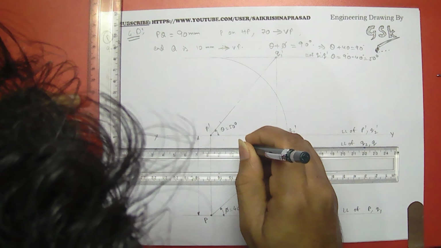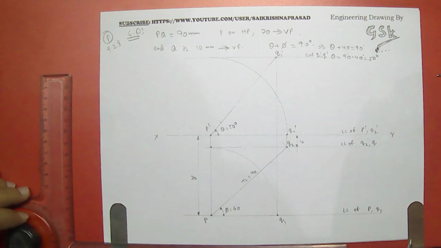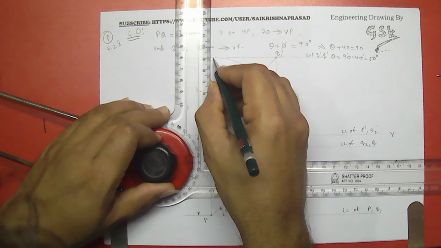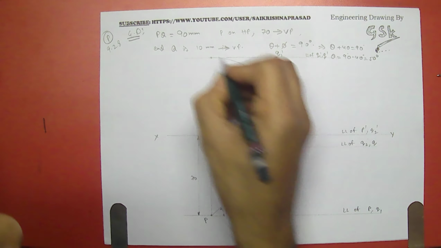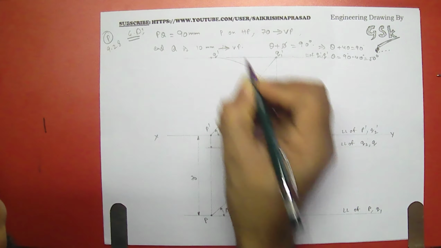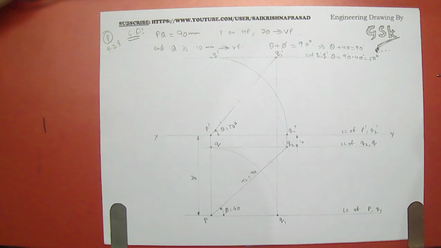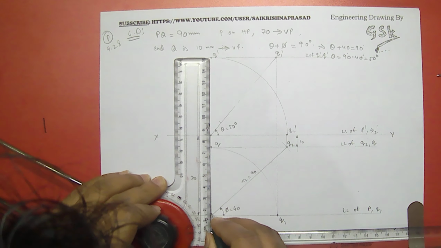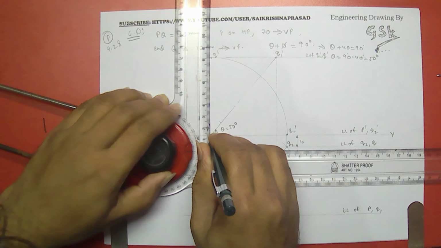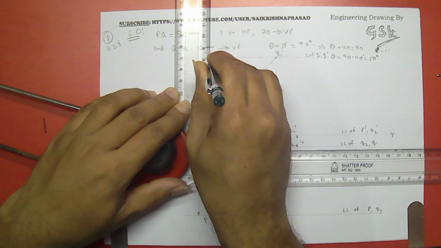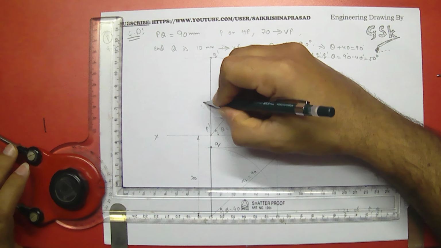See here, this would be coming over here, and this would be coming over here. Nice. This is Q dash and this is Q. This is the final front view.